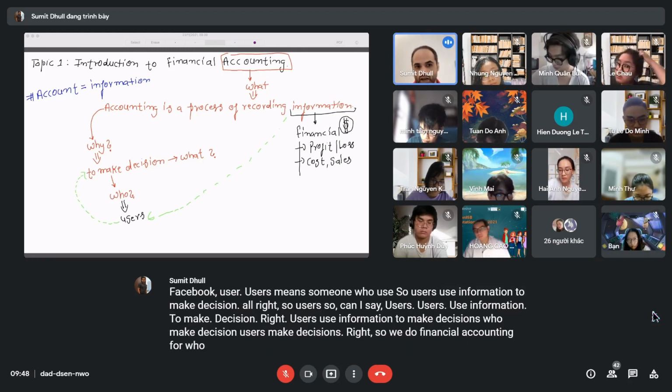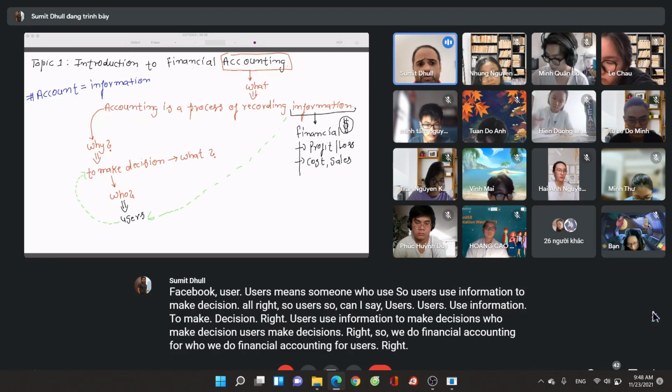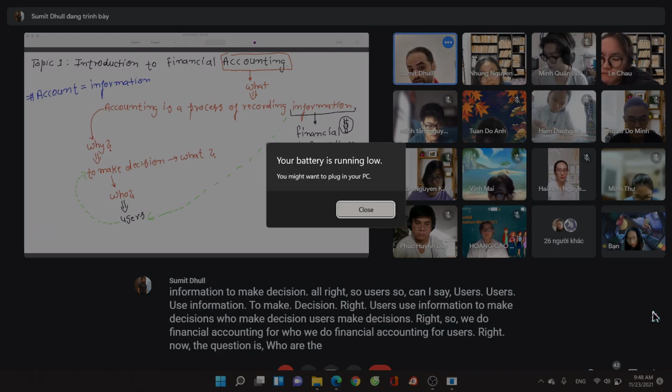We do financial accounting for users. Now the question is, who are the users?